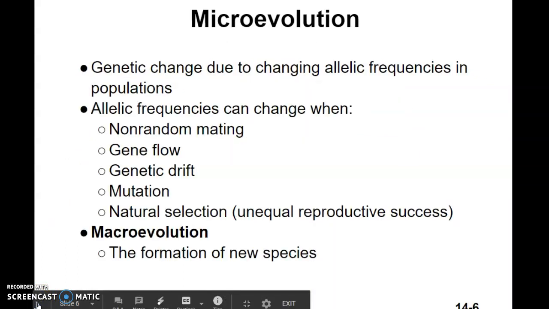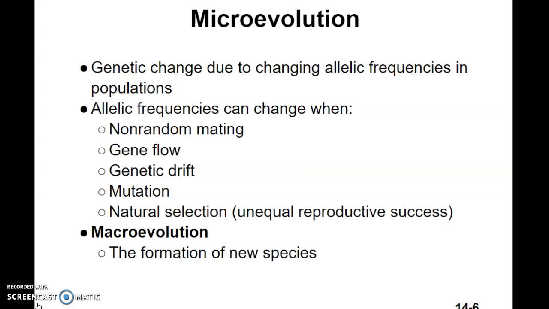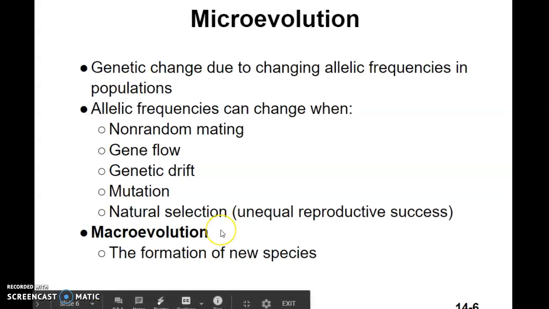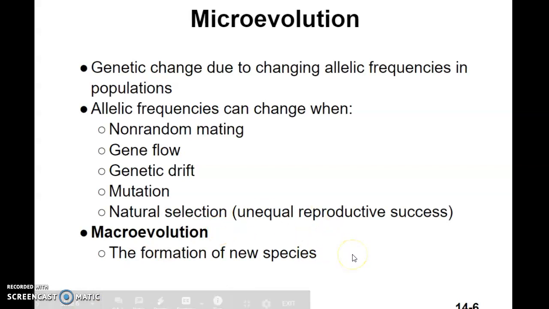All right, microevolution. This is how alleles change, which is not the point of this chapter, but it is the point of the next chapter. Allele frequencies change when we have non-random mating, when you're actually selective about who you have children with. Gene flow, so again, migration. If migration occurs, allele frequencies change. Genetic drift is basically populations going down in number, increasing in number, going down in number.